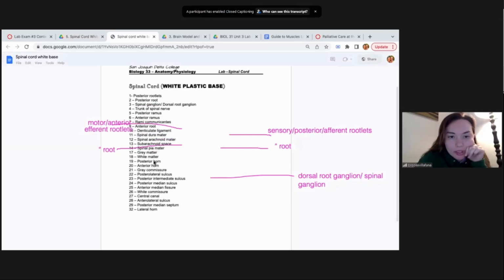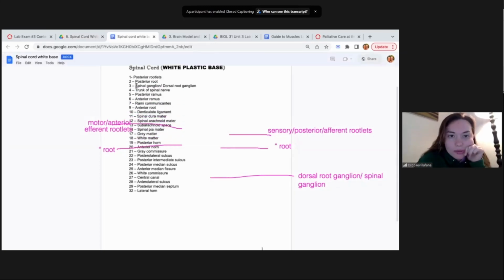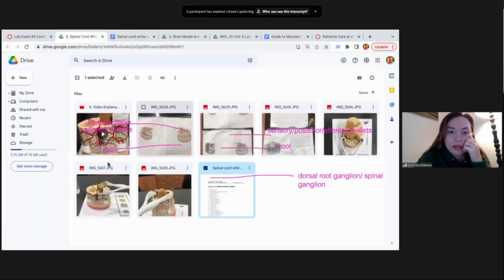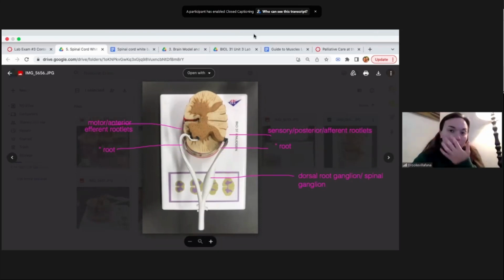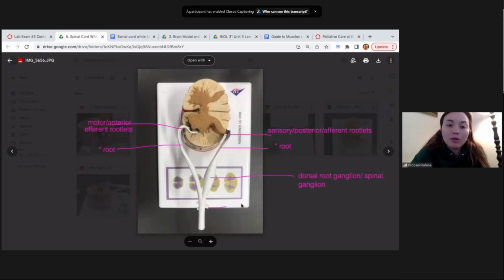Let me pull up the list so you can see. Spinal, did everybody see 3? Spinal ganglion or dorsal root ganglion. So again, these would be names for the same thing, so you need to know it either way. If on the multiple choice on the exam it had either of those, both would be correct.